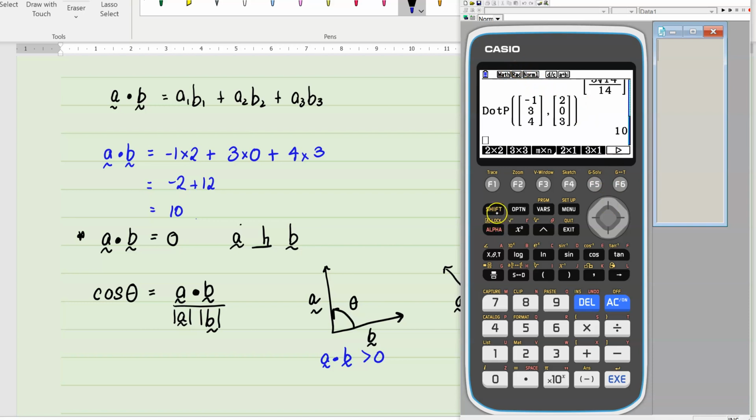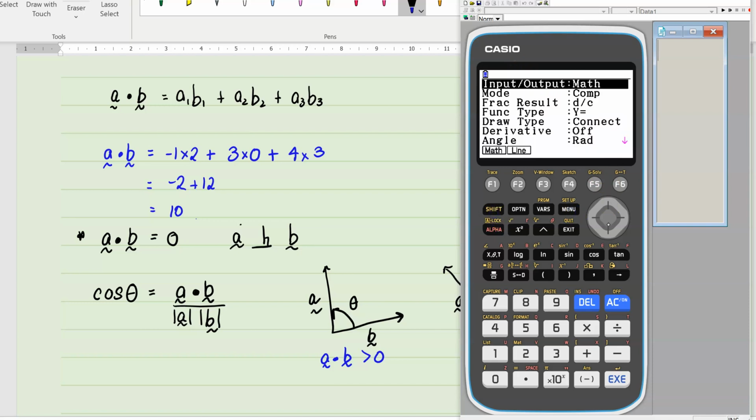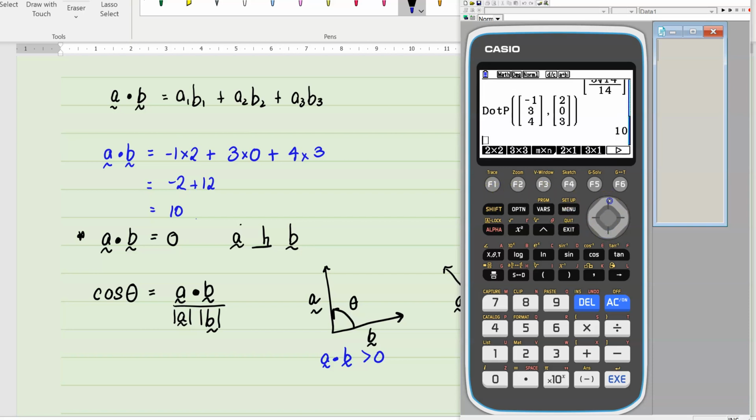I haven't changed it back, so we'd have to go Shift, Menu, go down here, make sure you change it back to degrees, and then we could go back up here, option, matrices, more, and instead of the dot product, we can find the angle of those two. And it's an angle that's less than 90, which we knew because it was a positive value.